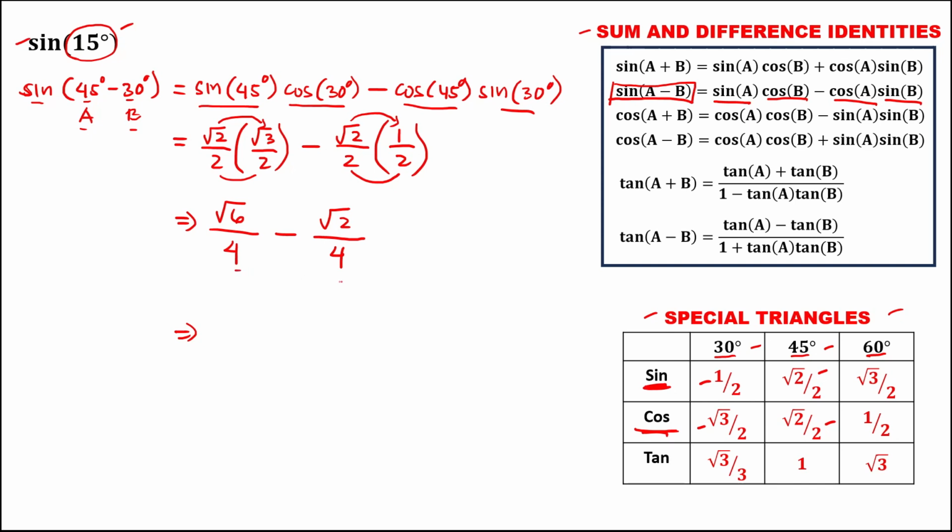So since we have the same denominator, so just copy, then add and subtract these numerators. So this becomes square root of 6 minus square root of 2. So this is now the value for sine 15 degrees.